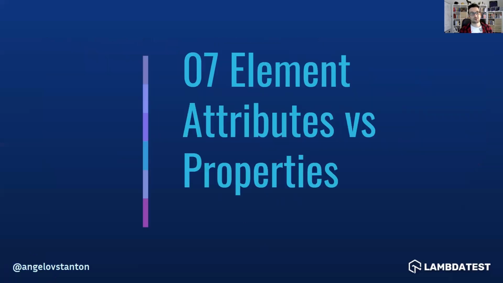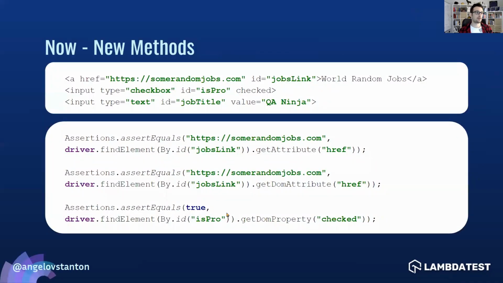Now, let's discuss first what is the difference between attributes and properties. Here, I have added an example HTML, where the attribute is a static attribute of a given DOM node, whereas the property is a computed property of the DOM node object.